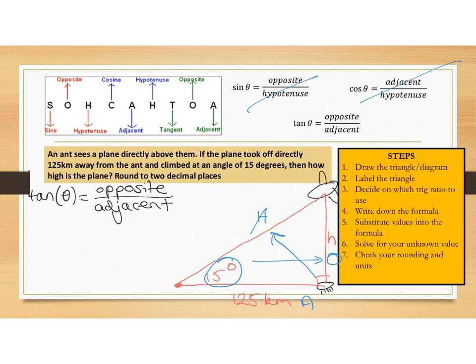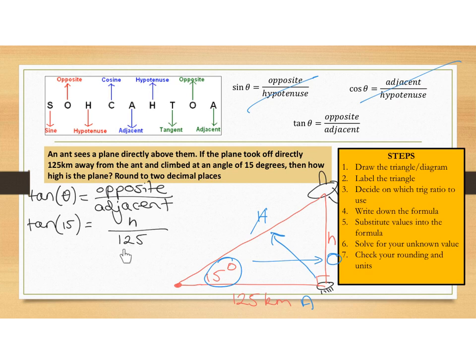And next I'm going to substitute those values that I know into the formula. So I've got tan, my angle is 15, equals my opposite value, which is the height we're trying to find, divided by the adjacent. Now, if you have your summary notes in front of me from the last video, you'll be able to identify that this is a type 1 question, where our unknown value is the numerator of our fraction.